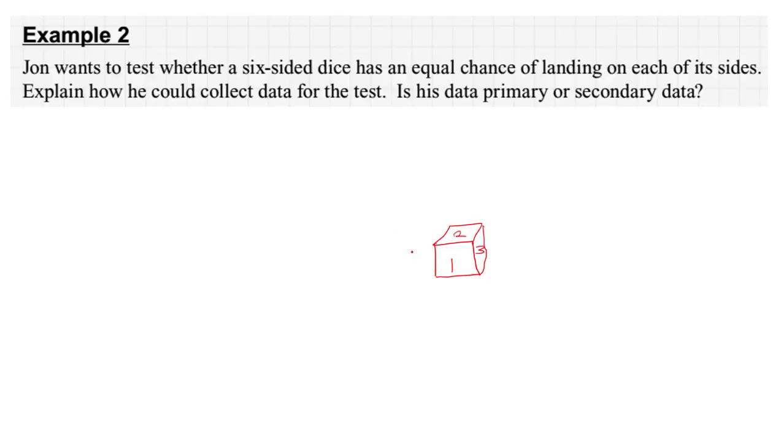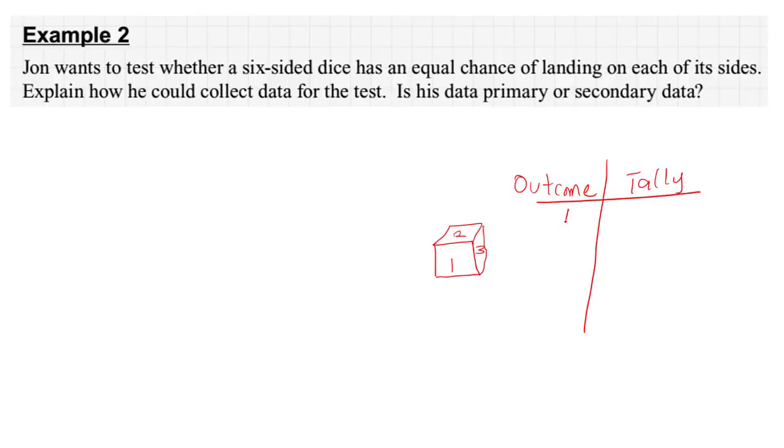Okay. Now, all he can do here basically is to do an experiment, and he's gonna have a tally chart. So he's gonna throw the dice maybe 100 times or 50 times or 60 times, and keep writing down what side the dice lands on. Okay, so he's gonna have something like outcome, and then tally.